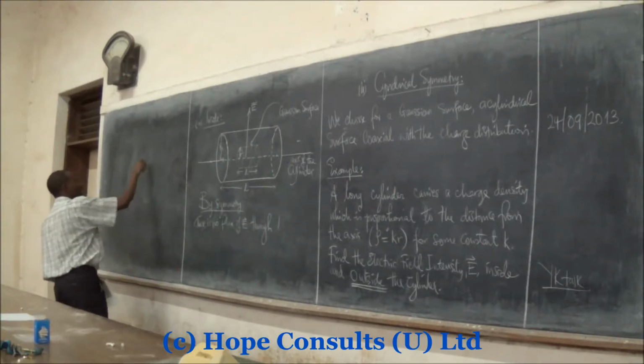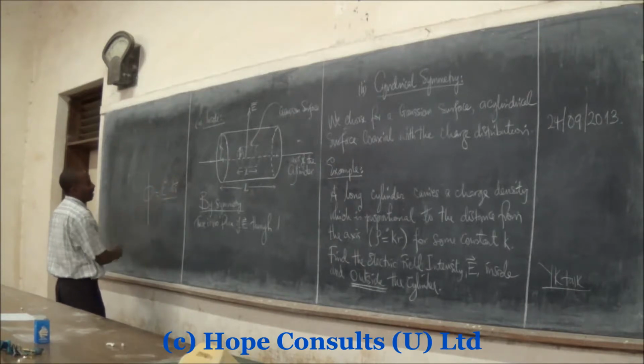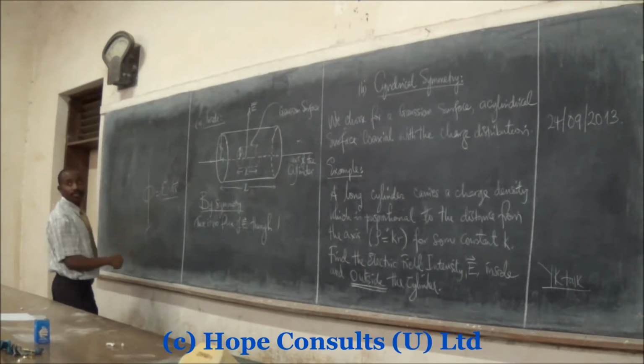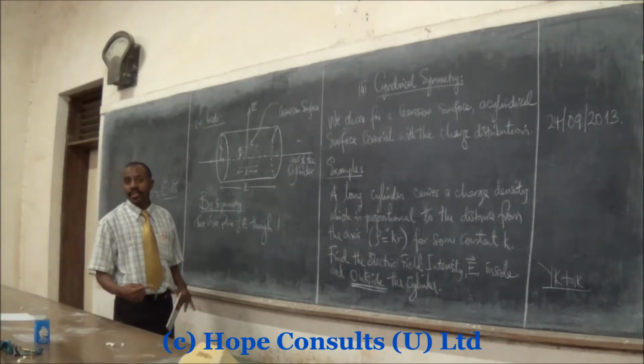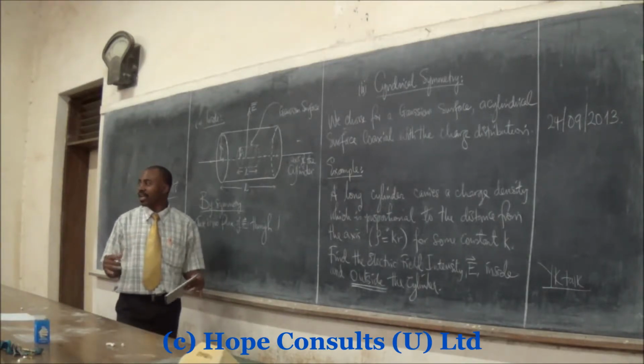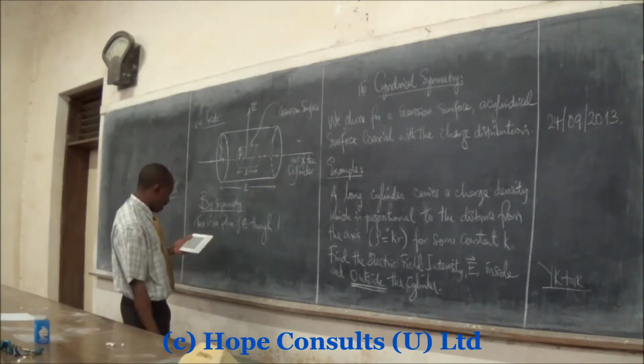Remember, flux phi is equal to E dot ds because of the dot product. And the dot product at the ends is dotting the magnitudes, and the angle between them is 90 degrees. You won't get anything.